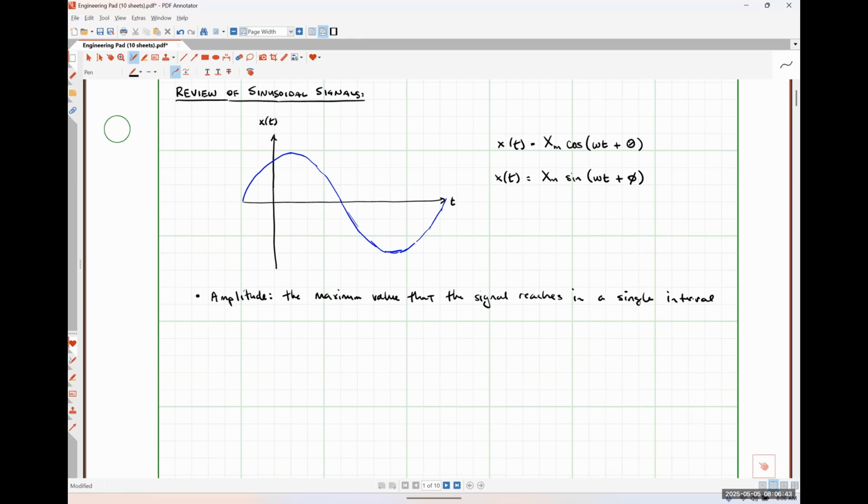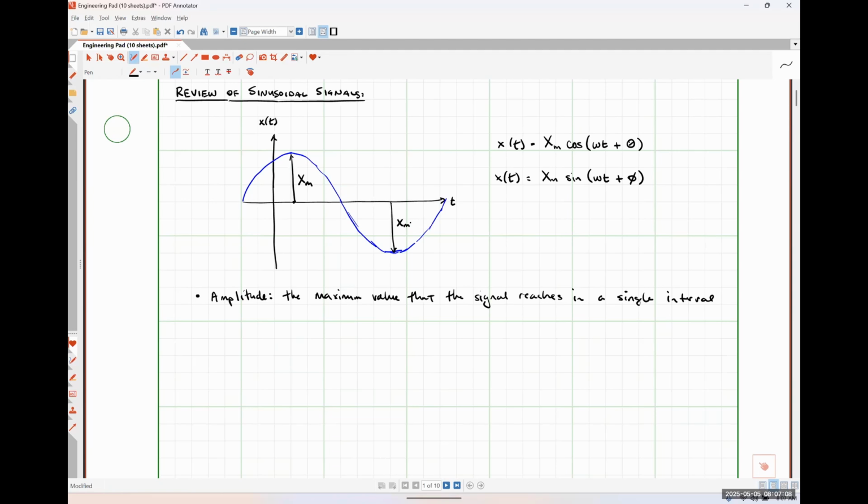So for us, this distance right here, measured from the horizontal axis to the peak, would be our amplitude X sub m. For what it's worth, the distance that we go from the peak to the minimum value is also going to be that exact same amplitude.